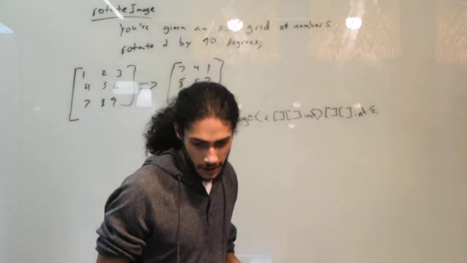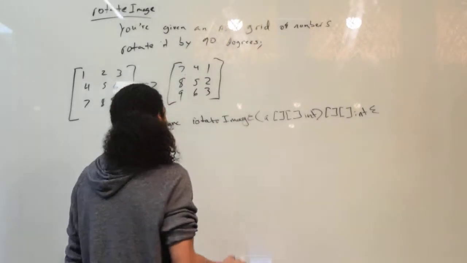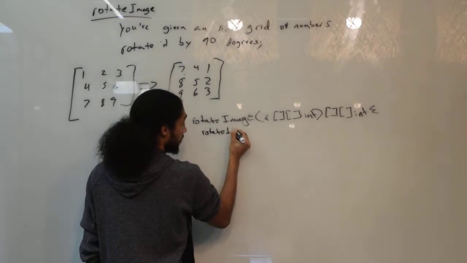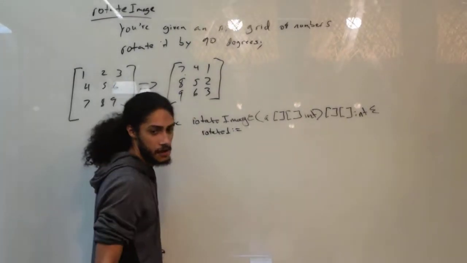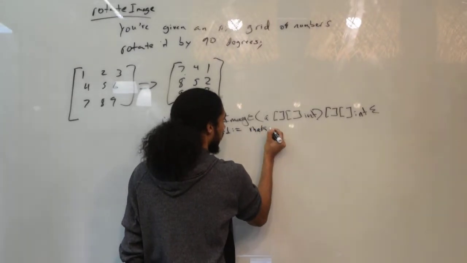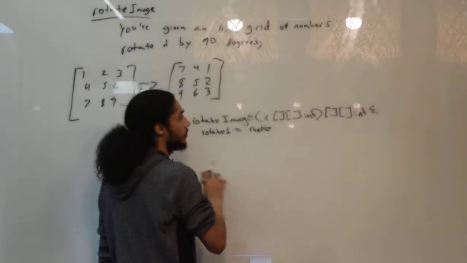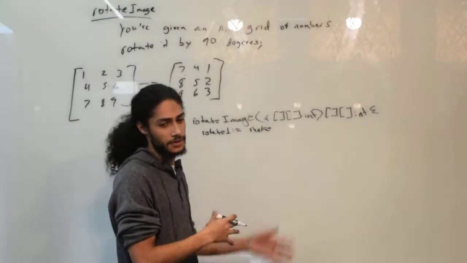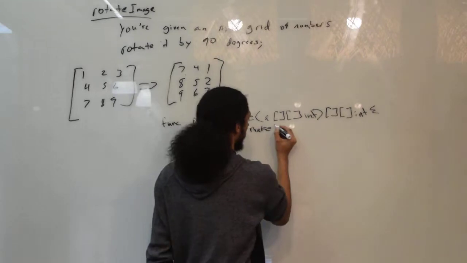So yeah, I started off by making a variable called rotated. And rotated would be the array that I'm going to be filling up as I loop through the original array.